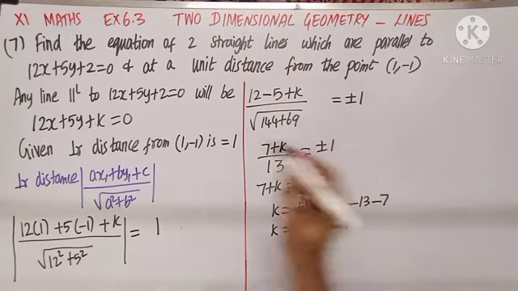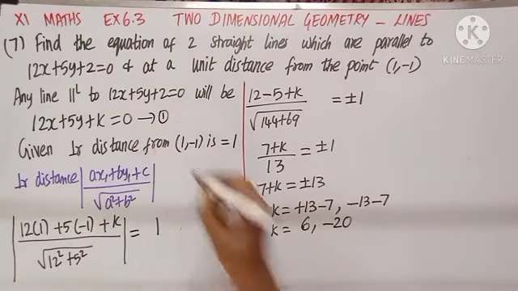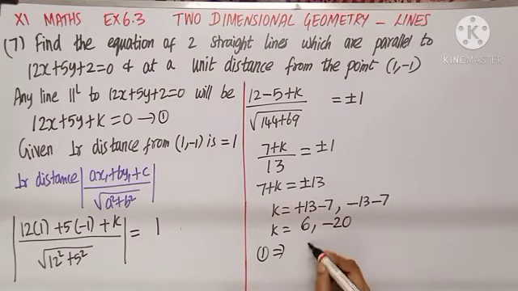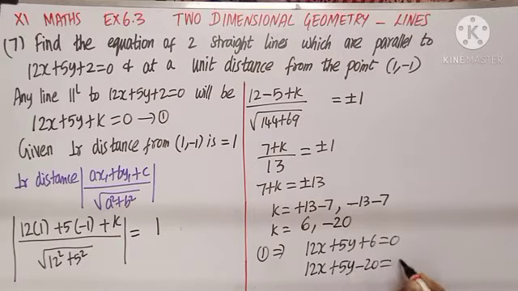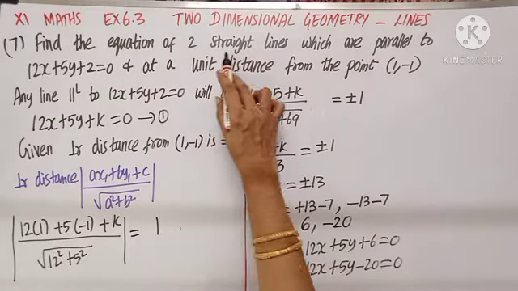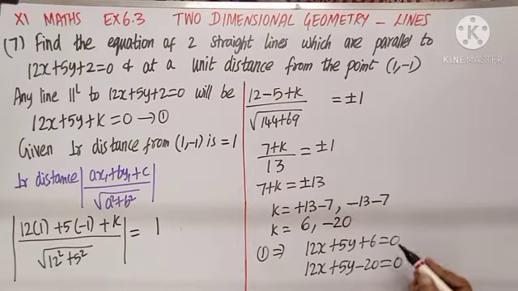Putting the k value back in equation number 1, I get 12x + 5y + 6 = 0 and 12x + 5y - 20 = 0. The question is to find the equation of straight lines, and we have arrived at two equations. These two lines are parallel to the given line.